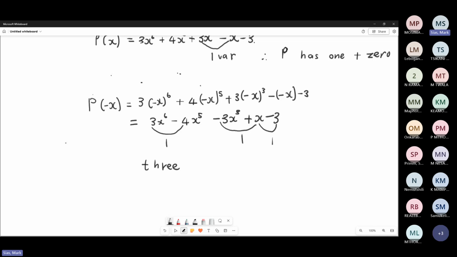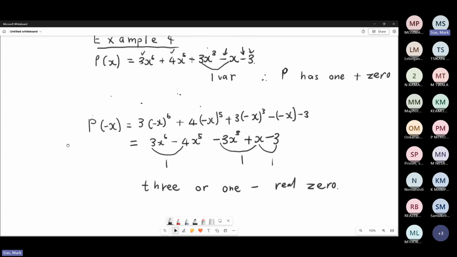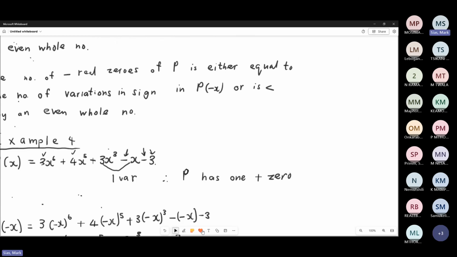So in the case of P of minus x, you have 3 negative real zeros, or you've got 1 negative real zero. That's the situation there.